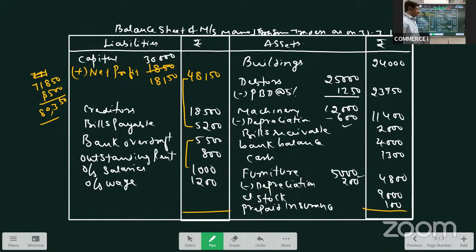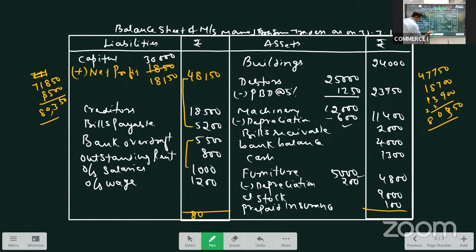Let us see the asset side. What is the total on the asset side? 24,000 plus this... the total comes to 80,350.